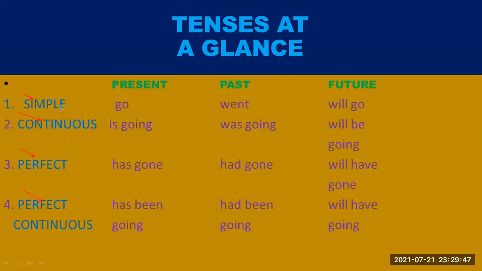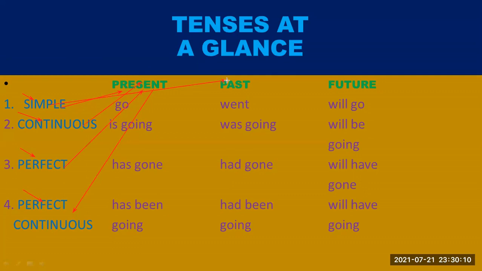So when we talk about the simple present or the present continuous, present perfect, or present perfect continuous. All right, so all these are applicable to the various other ones.